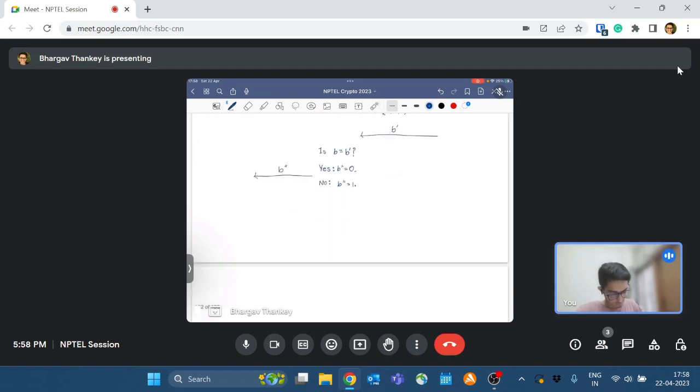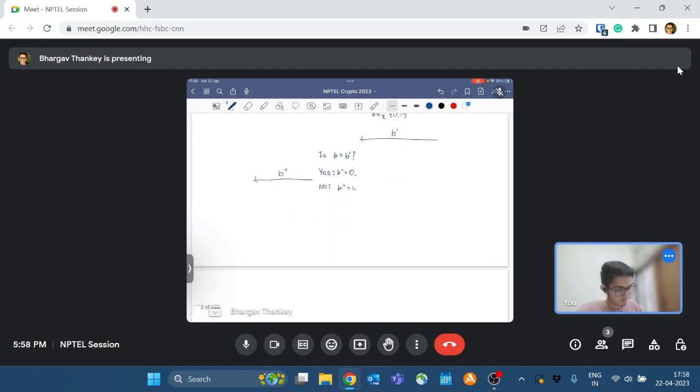So let's see why this works. If b prime is the opening, b prime must be b, right?